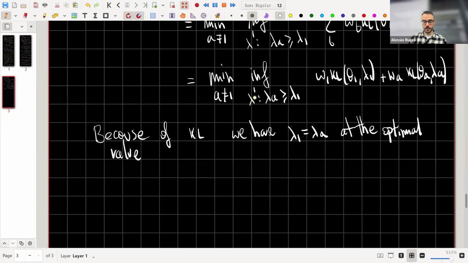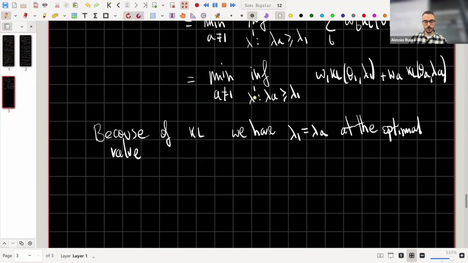Imagine that this was not the case, and you had, for example, lambda A equal to lambda 1 plus epsilon.